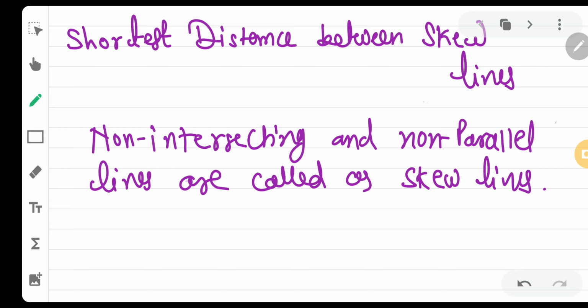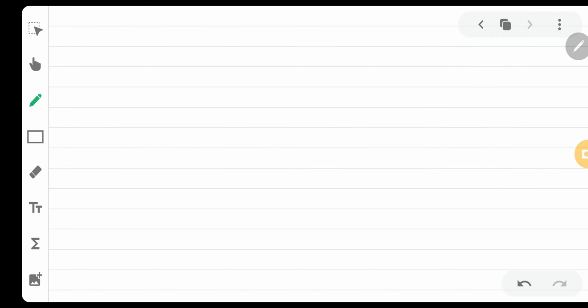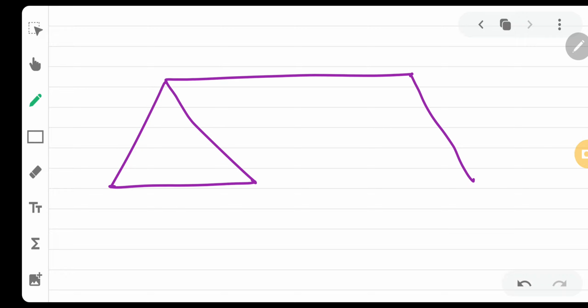So these two lines are non-intersecting and also non-parallel. How do these two lines look? Let me give you an example. Suppose you have a triangular subway like this. Imagine this a triangular subway. You are entering from here and exiting from here.